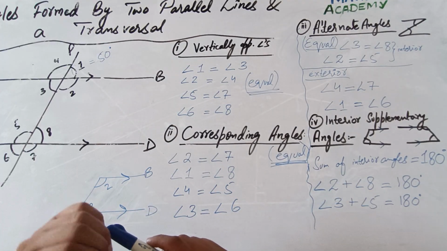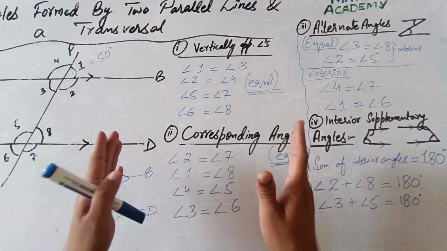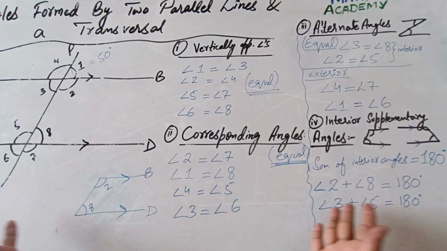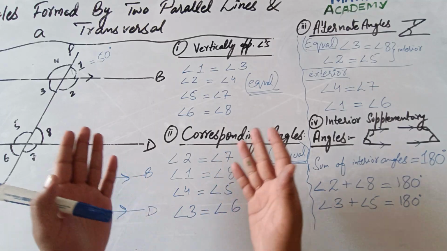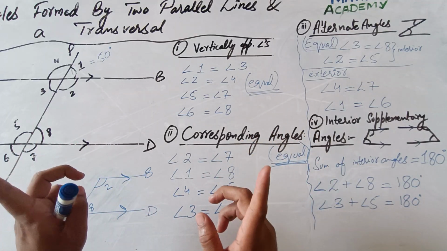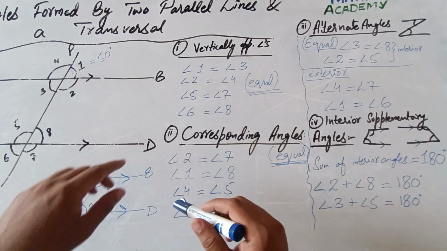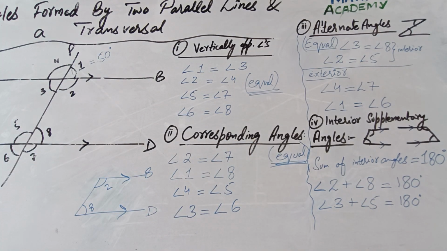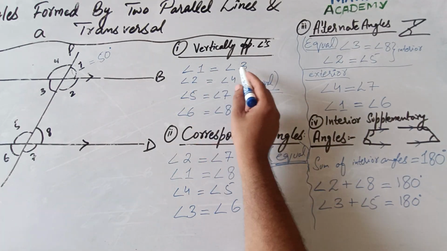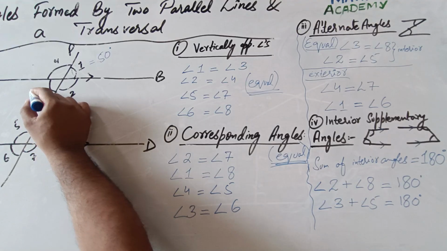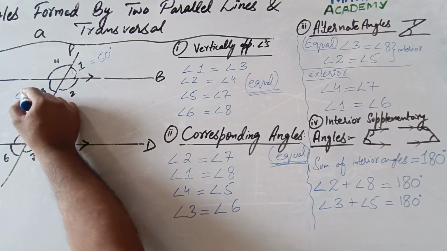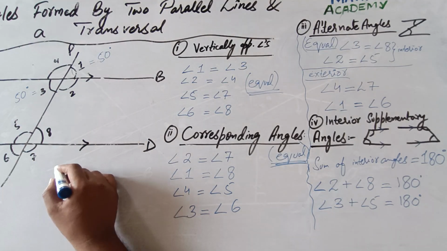So if angle 1 is equal to 50 degrees, now let's fill out the same for all. Let's find out all 8 angles with the help of these properties. If the size of angle 1 is 50 degrees, then according to vertically opposite angles, angle 1 and angle 3 are equal. So the size of angle 3 will also be 50 degrees.